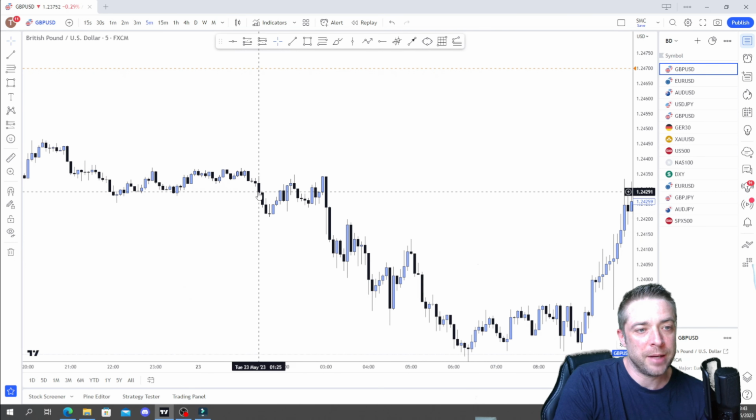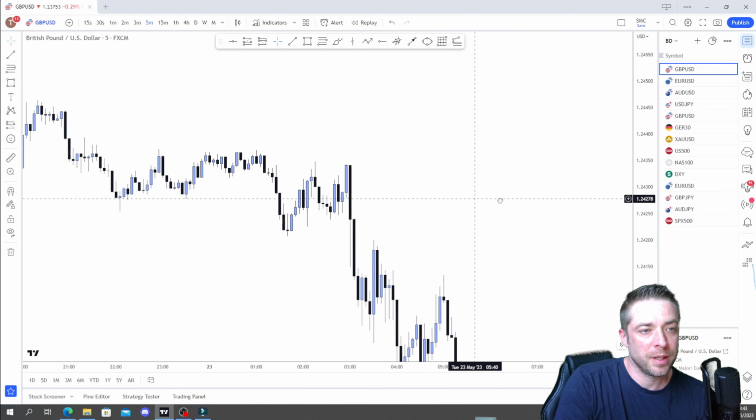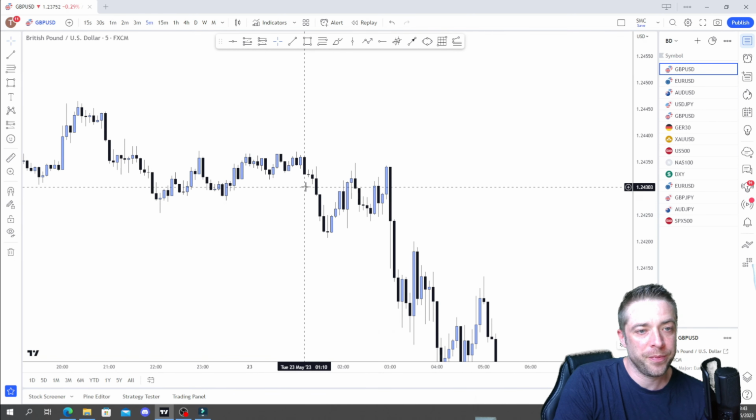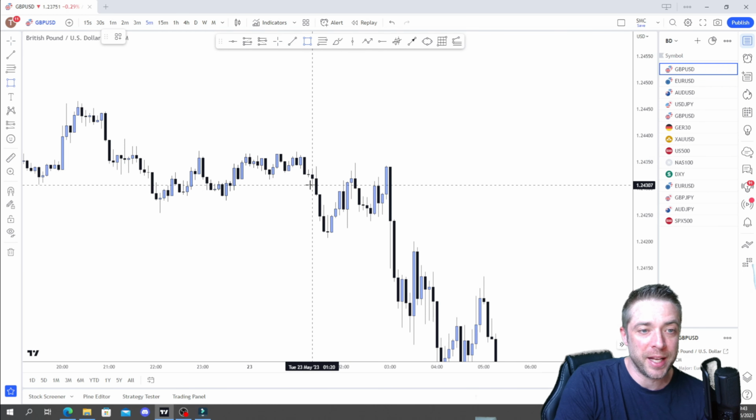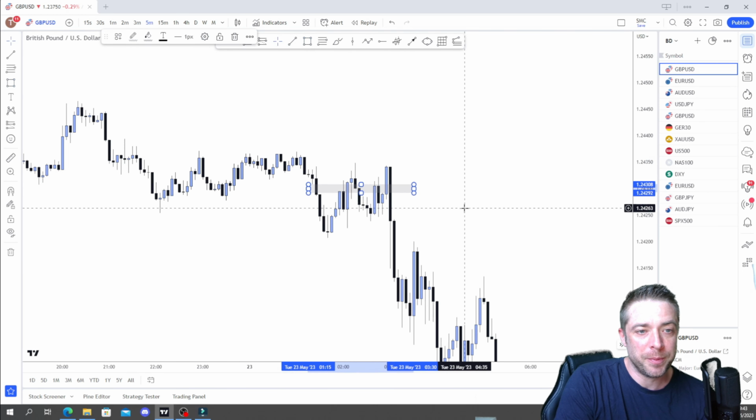So let's start over here. Price is coming down, and you can see there's a fair value gap here. There's no wick to the left, there's no wick to the right, if you want the simple explanation. So we've got a fair value gap.